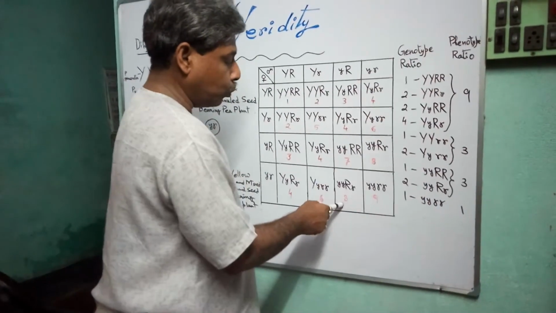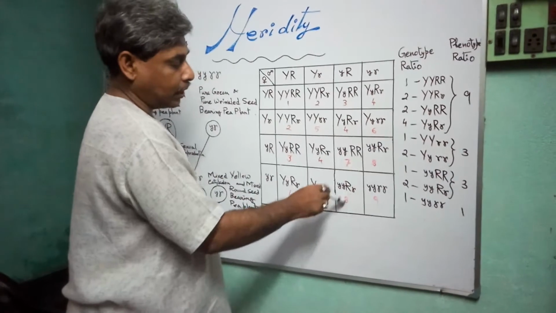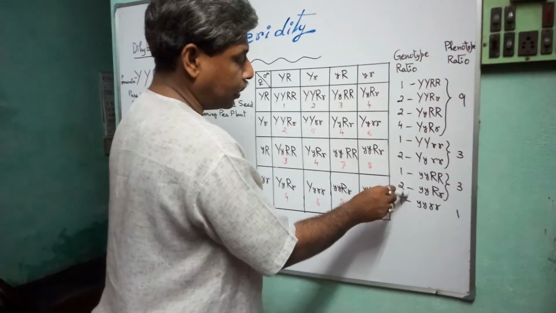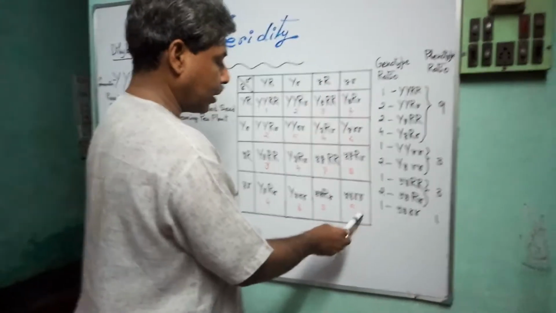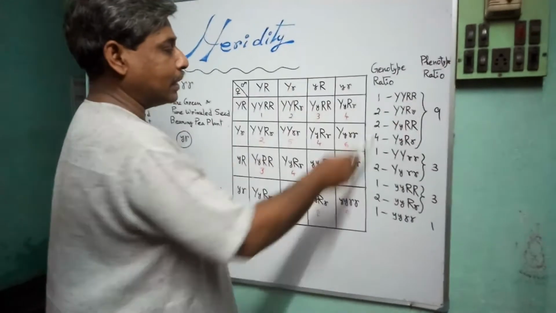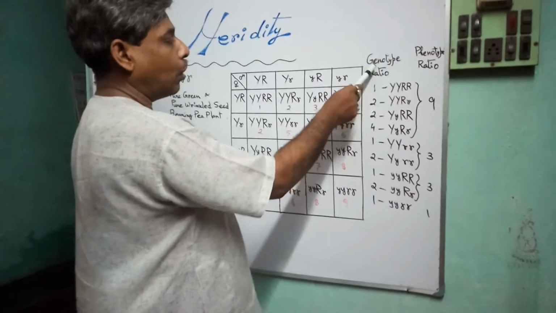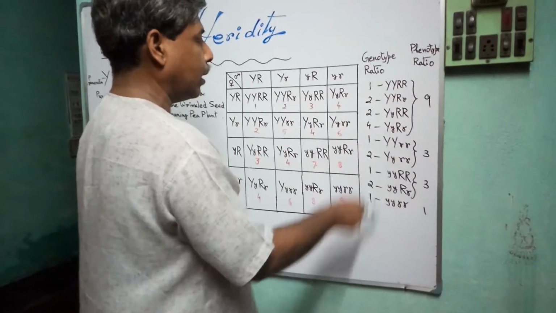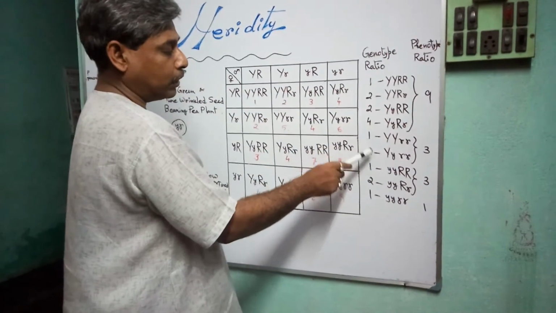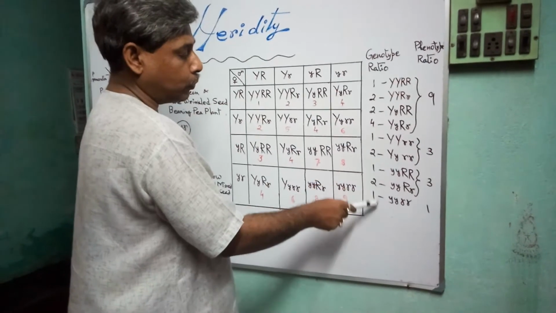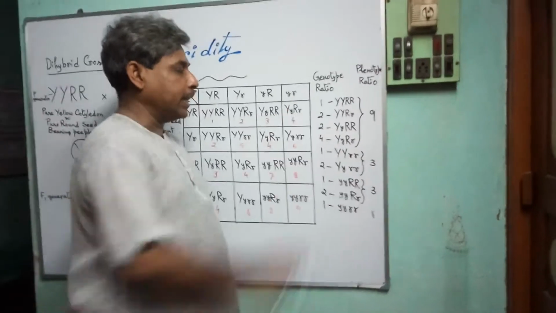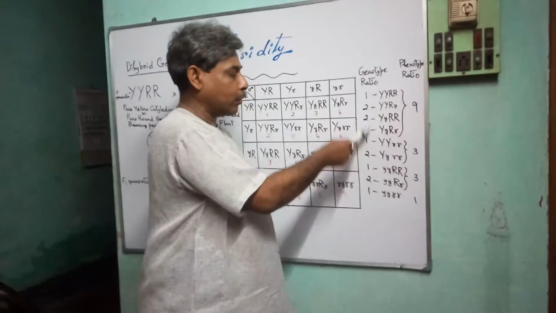For 8, the number is present twice on the board, so we have to write down 2. And the number 9 is solitary, we have to write down 1. So it is evident that the genotypic ratio of the individuals will be 1:2:2:4:1:2:2:1:2:1. If it comes in an objective question, we have to memorize the ratio.